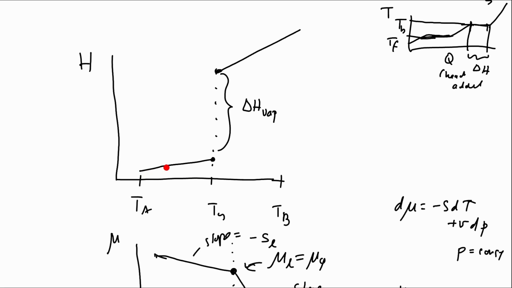So there's a positive slope, and the way I drew it, it has a steeper positive slope after the jump.